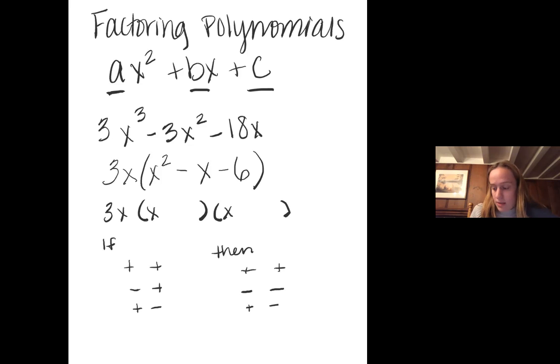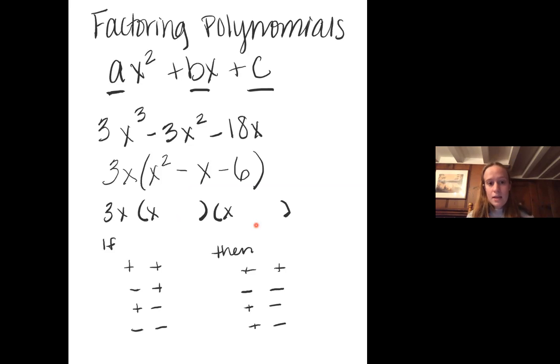And then if we start with minus, that'll lead us to plus, minus. Alrighty, so what do we see here? It looks like we have negative and negative. So what does that mean for us? That means that in our new term, we'll have a plus term and a negative term.